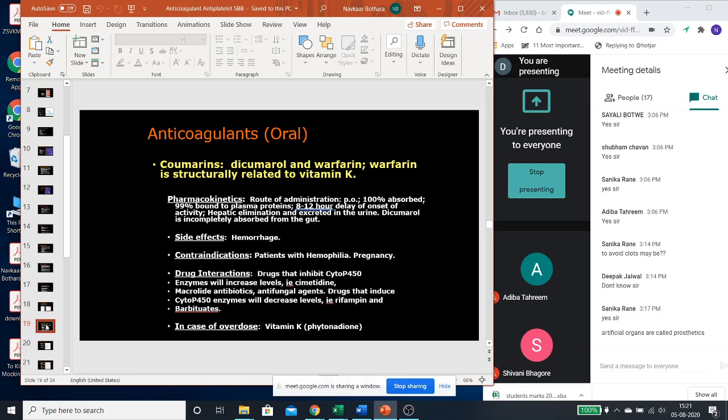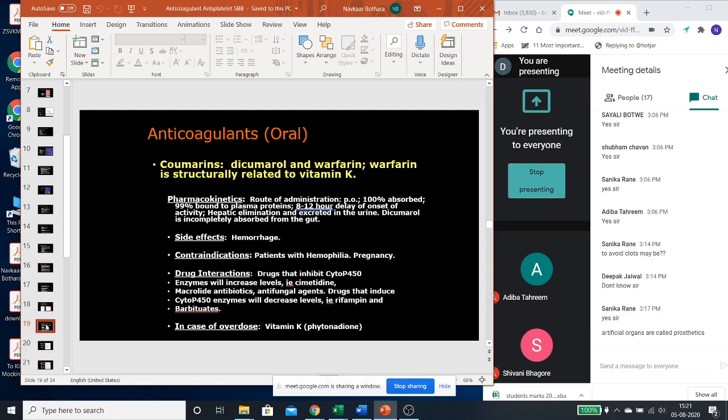That is 990 microgram bound to protein. We know that if it is bound to plasma protein, it cannot show action, it will not be metabolized. That means only 10 microgram is free for action, and that 10 microgram is causing action.